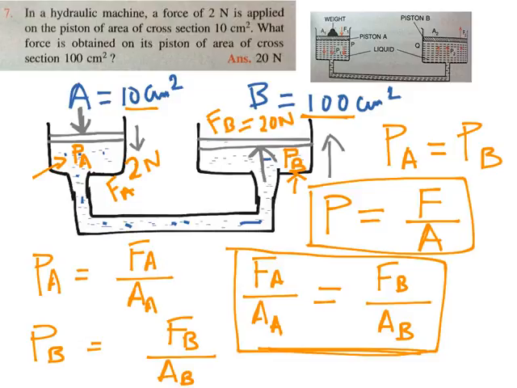If the area had been 100 times, the force felt would have been 100 times. So now we know how to multiply force through hydraulic brakes and machines.